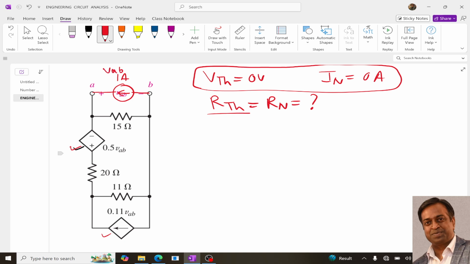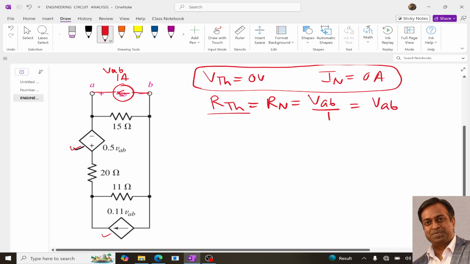Then my Thevenin resistance will be equal to VAB upon current, which is 1, so it will be straight away VAB. So simply by placing a 1 ampere current source, we need to solve this circuit to determine the voltage drop across the current source. Since the current source is in parallel with the 15 ohm resistor, we simply need to determine the voltage across the 15 ohm resistor.